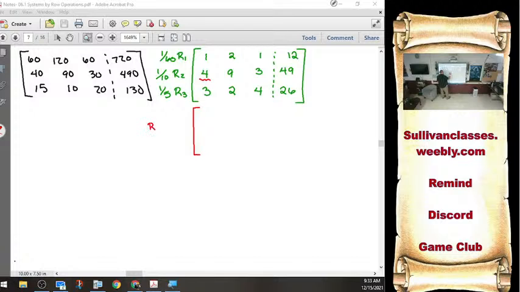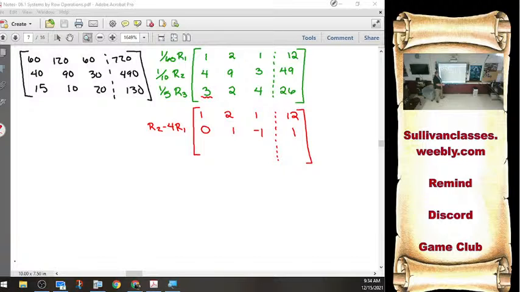So I'll say row 2 minus 4 row 1s. I'm not going to touch row 1, so I'll just rewrite that now. So, take this times a negative 4 and add it. Gone. Take this times a negative 4 is negative 8 and add it. Take this times a negative 4 is negative 4 and add it. Take this times a negative 4 is negative 48 and add it.